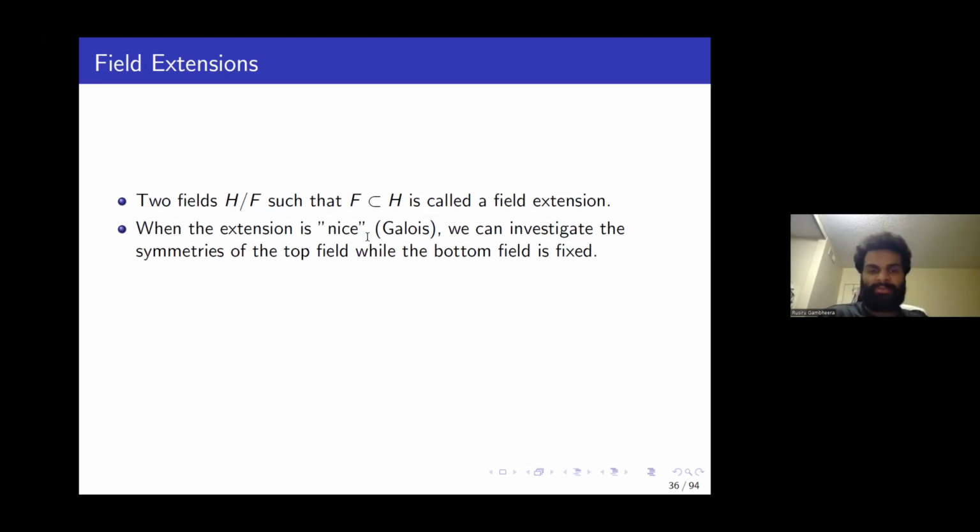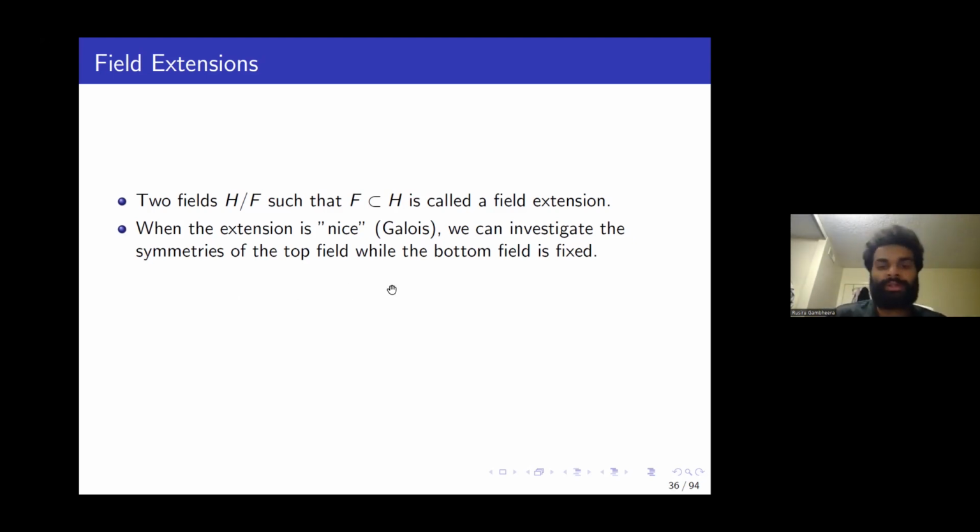In the Rubik's cube, we shuffled around the Rubik's cube without breaking it. Here, what are the symmetries of the top field? That means you want to shuffle around the elements of the field without breaking its field structure. When you shuffle around, it should still be a field.